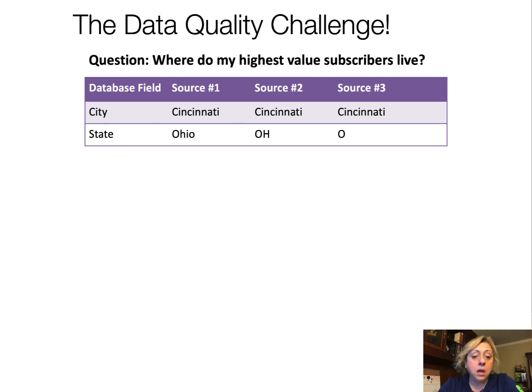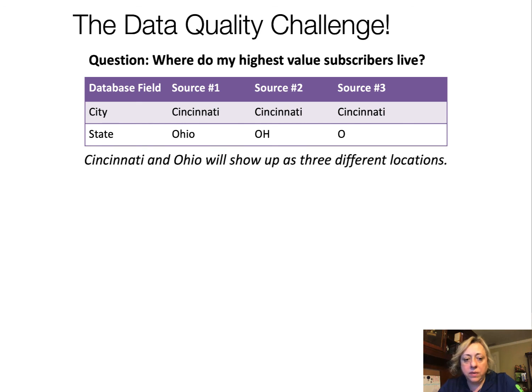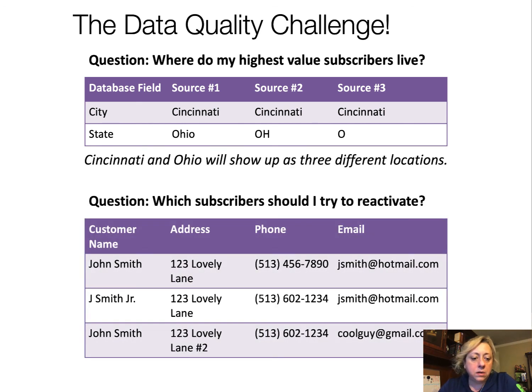Source number three just abbreviated it to O. So with these data sources, instead of finding the total number of records in one category, the state of Ohio, you're going to find three different outputs from different types of data entry. This is the type of problem that you will face in real life.